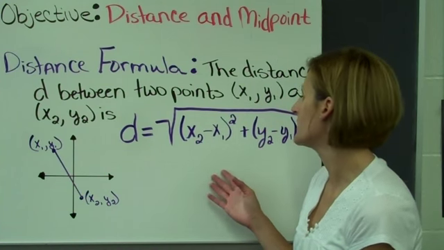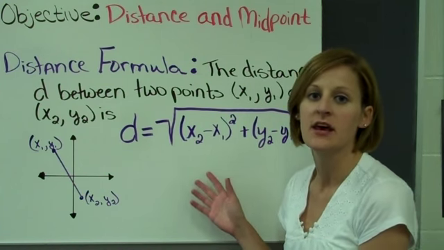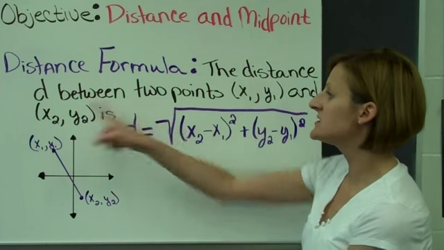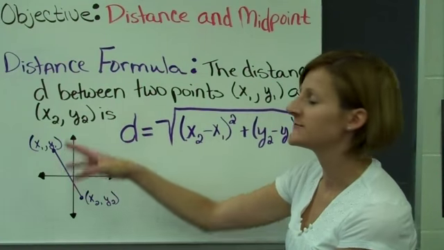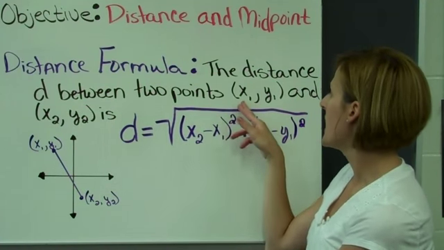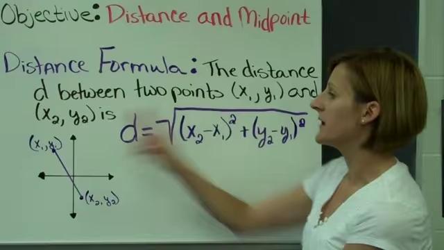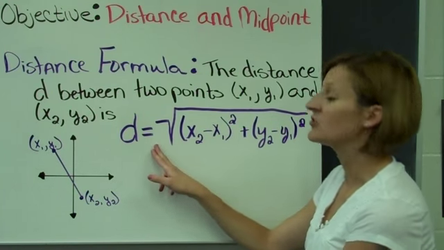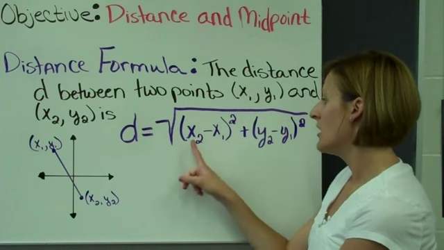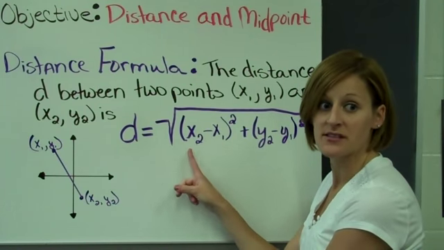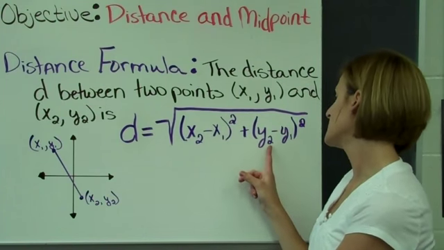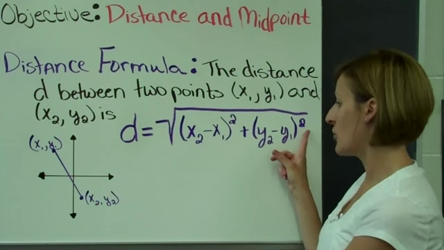Basically, this is a formula that's going to tell us the distance from one point to another on the coordinate plane. So the distance d, and that just stands for distance, between 2 points, x1, y1, and x2, y2, is: distance equals the square root of the difference between the two x's, x2 minus x1 squared, plus y2 minus y1 squared.